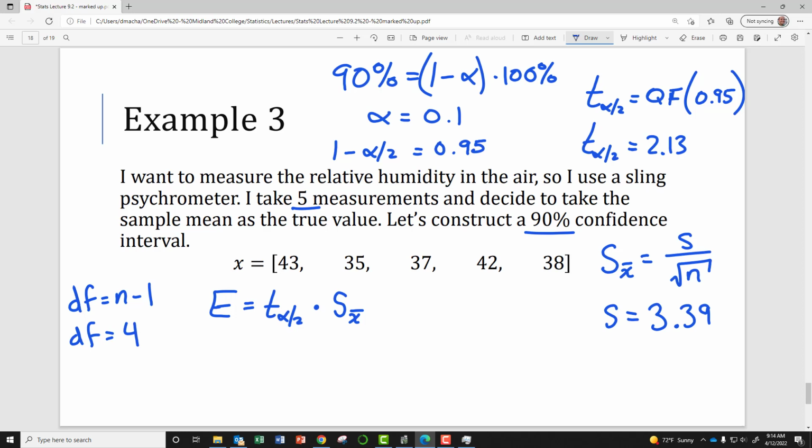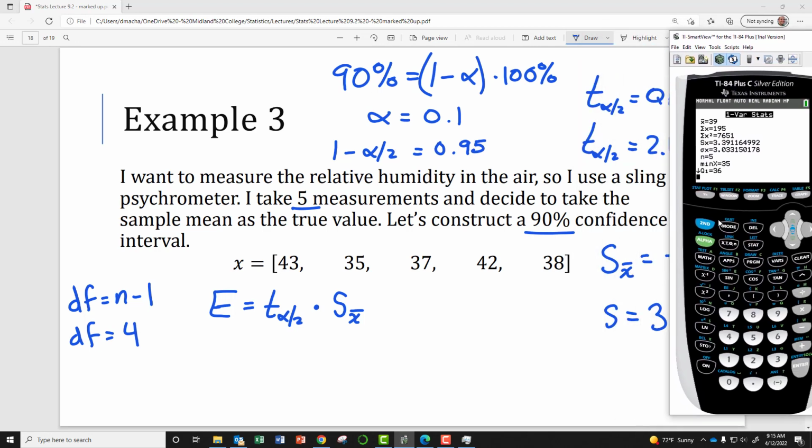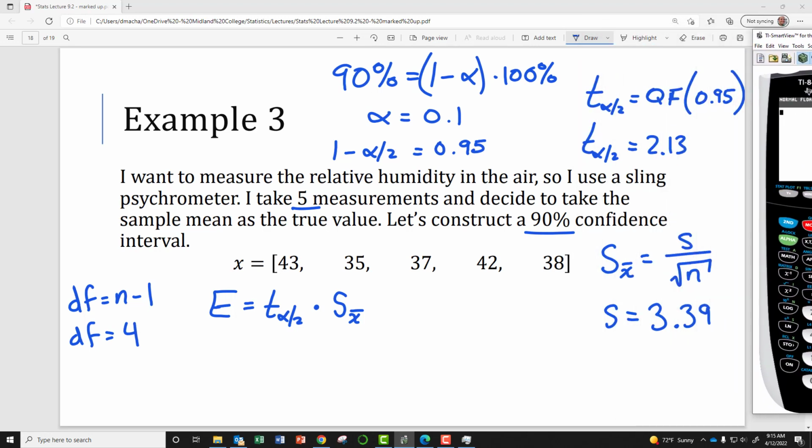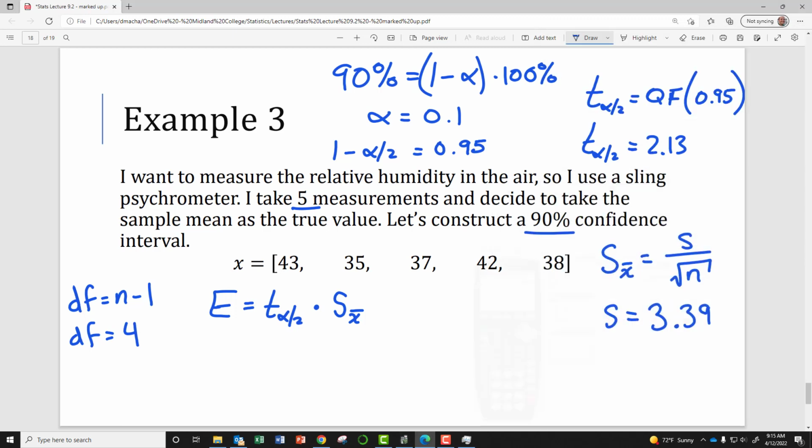Now, to calculate that S with a subscript x bar, to calculate that standard error of the mean, I need to take 3.39 and divide by square root of my sample size, which is square root 5. And that gives me 1.52.